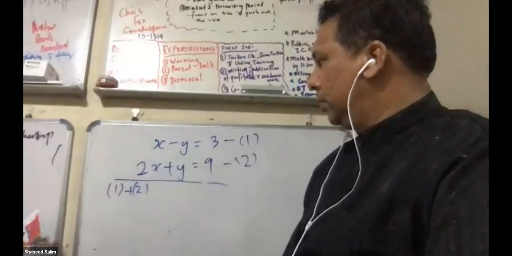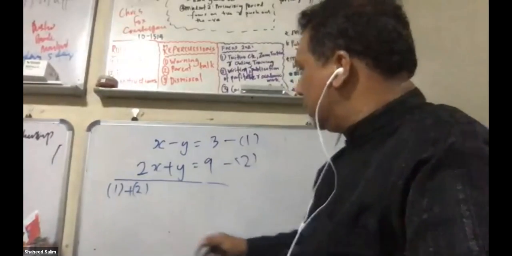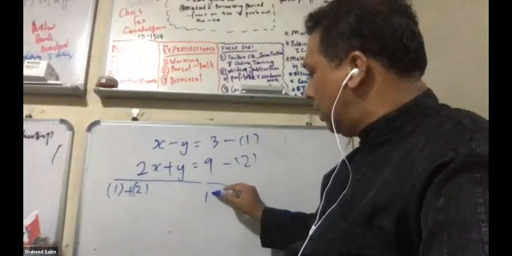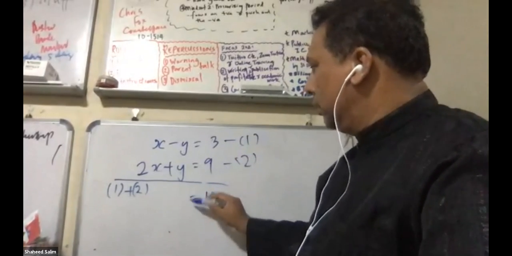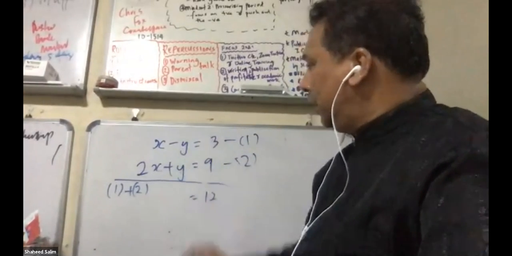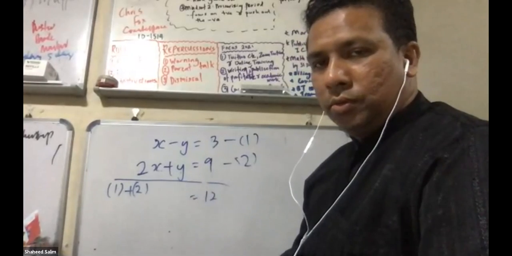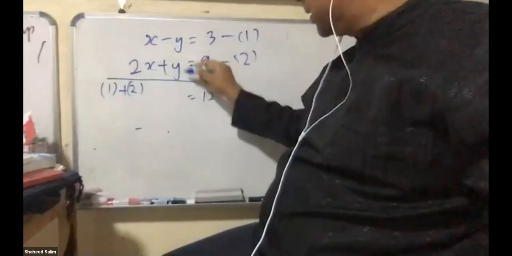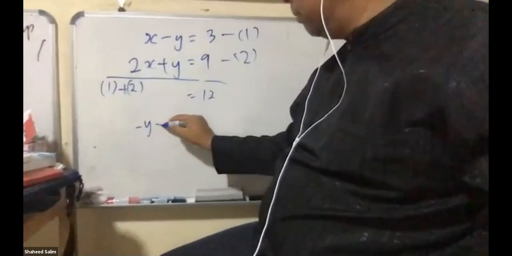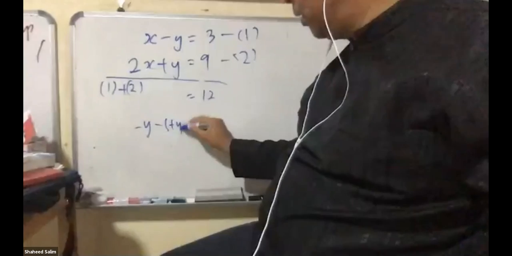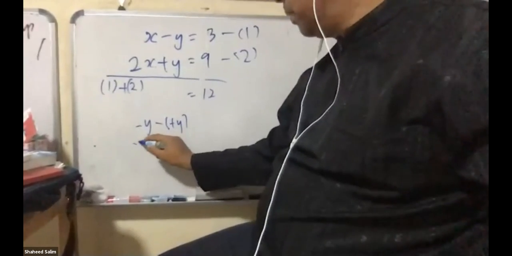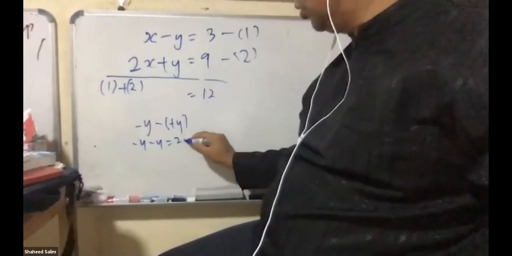Why? Okay, let's say we plus together, 9 plus 3, 12. Y plus negative y equals to 0. You see, if I minus, let's say I take first one minus second one, minus y minus plus y, it becomes minus y minus y, it becomes minus 2y.